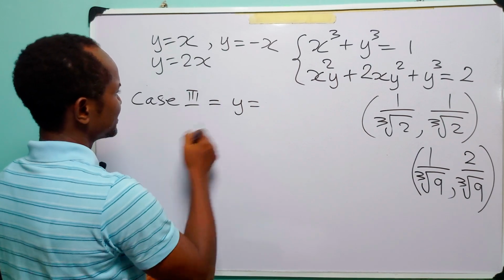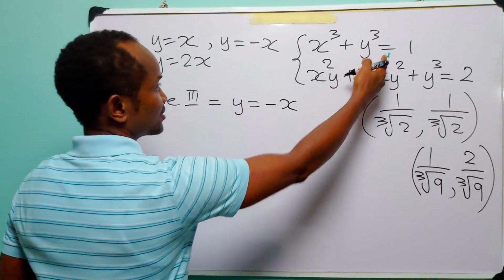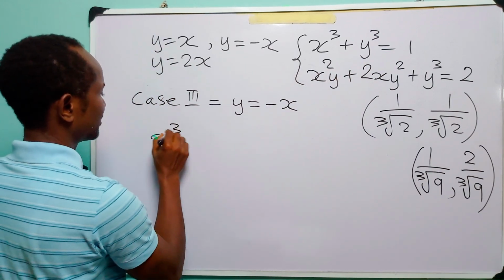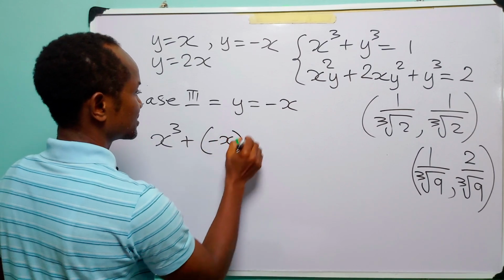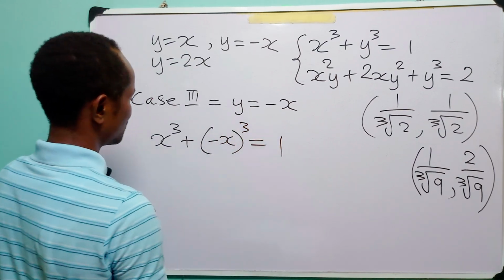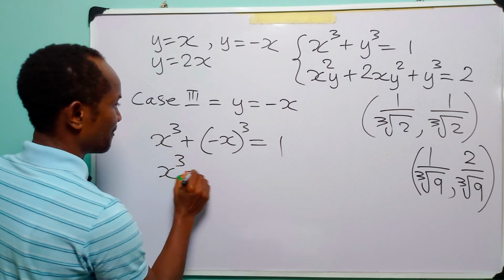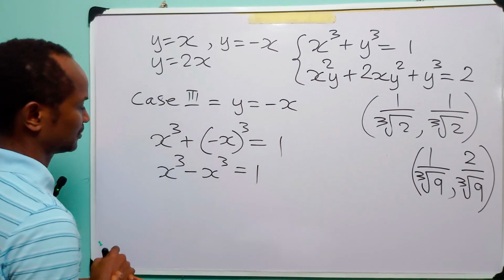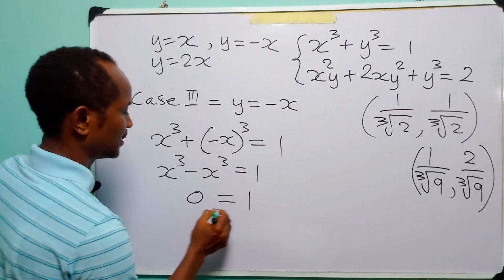Now, in the third case, we have that y is equal to -x. So going back to this equation, we have x cubed plus (-x) cubed is equal to 1. We have x cubed minus x cubed is equal to 1. 0 is equal to 1.